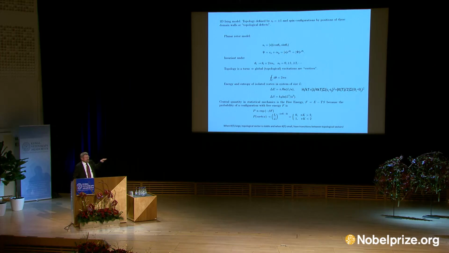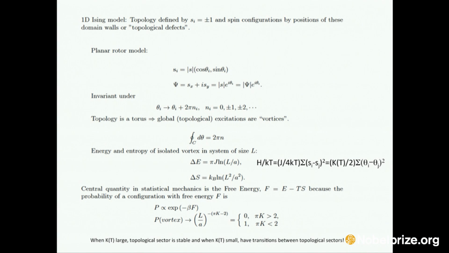And we can say that when this temperature-dependent coupling constant K is large, the topological sector, in other words, the number of vortices, because the probability of thermally creating a vortex is 0 at low temperatures, then you can say this single topological sector, the number of vortices, won't change because there's a huge energy barrier to get over. It has to be stable.